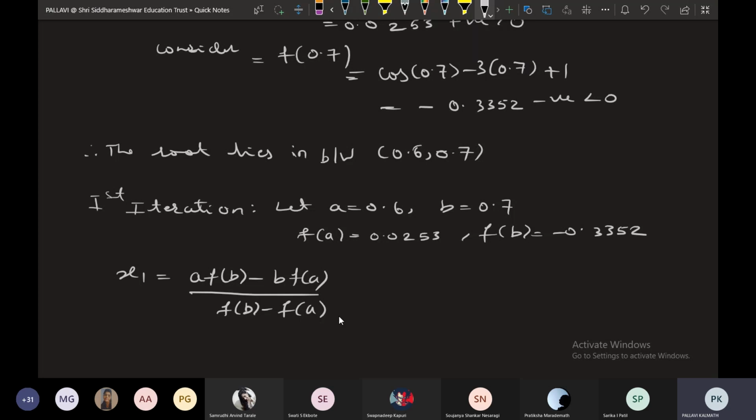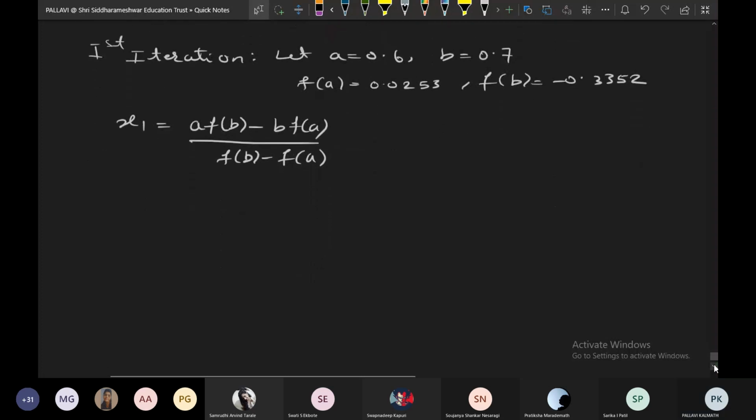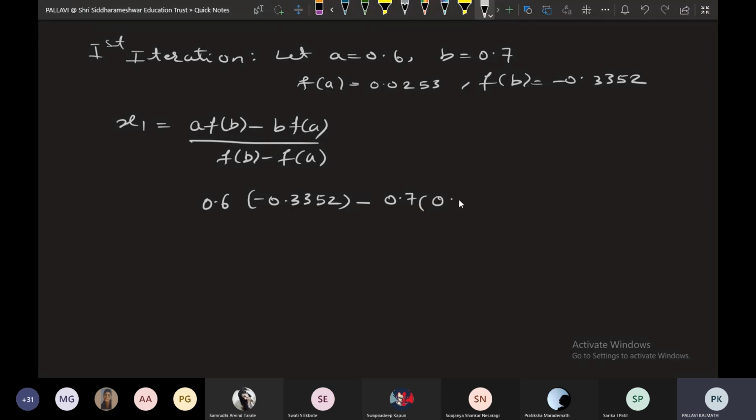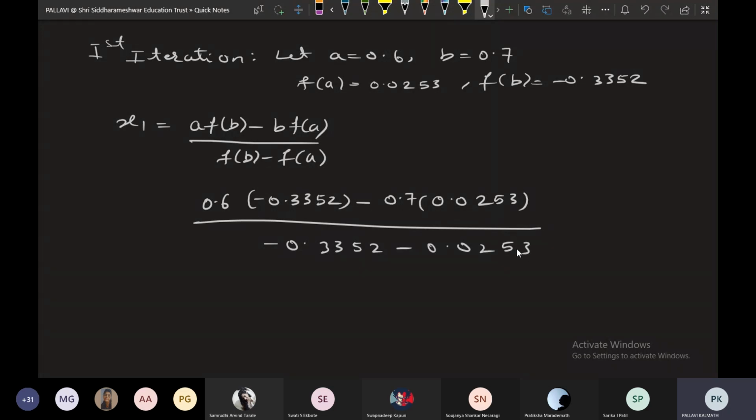Okay. So substitute all these values and tell me what is the x1. a is 0.6 into minus 0.3352 minus b, which is 0.7, into f of a, 0.0253, divided by f of b, minus 0.3352, minus f of a, 0.0253, and the answer is 0.607.